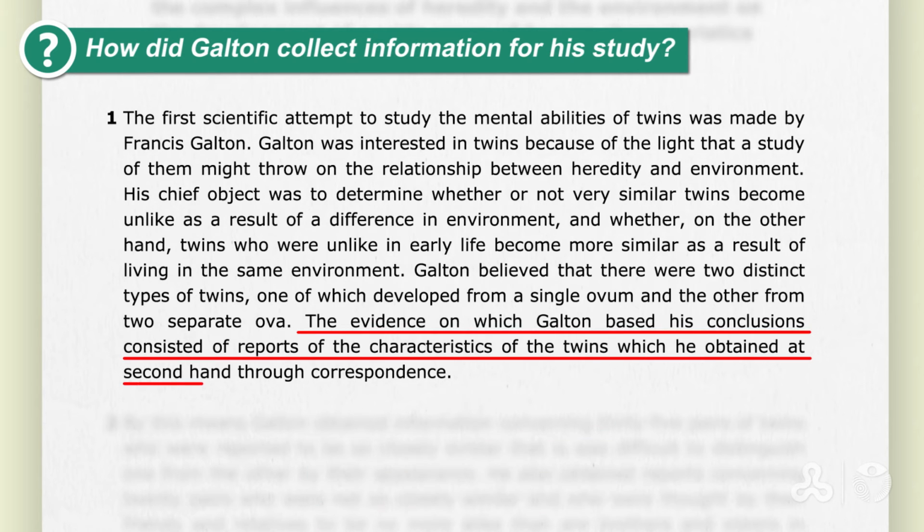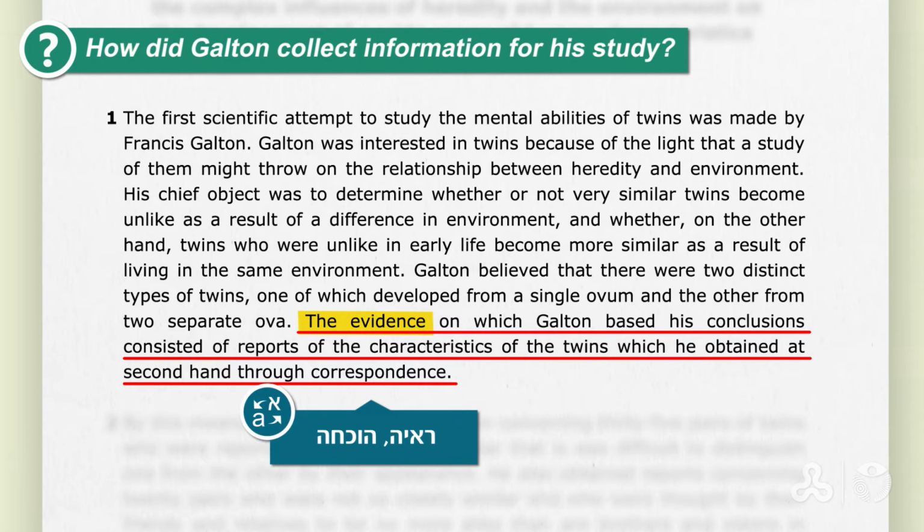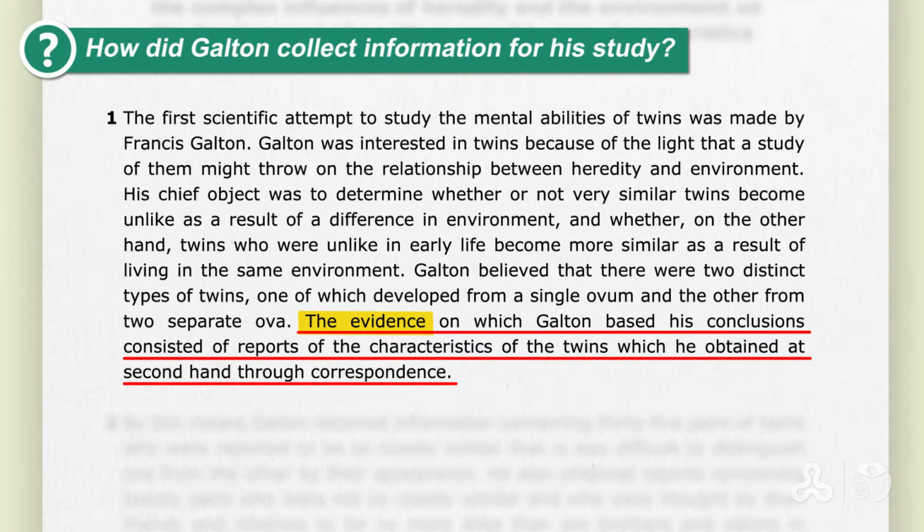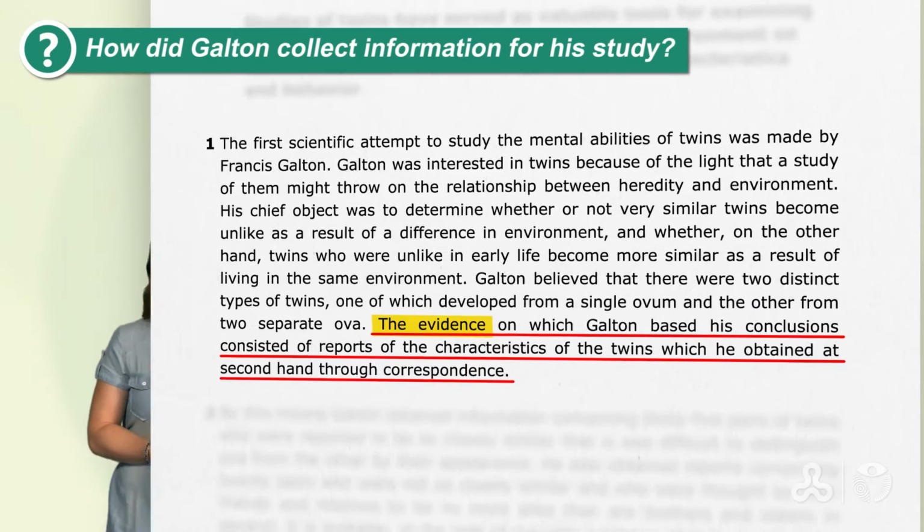Okay, so now let's focus on the words the evidence, הראיות או ההוכחות, on which Galton based his conclusions, כן, על איזה ראיות הוא ביסס את המסקנות שלו, consisted of reports of the characteristics of the twins, which he obtained at second hand through correspondence.